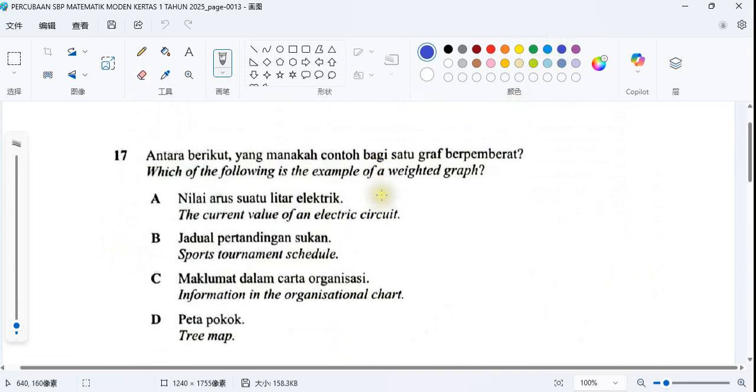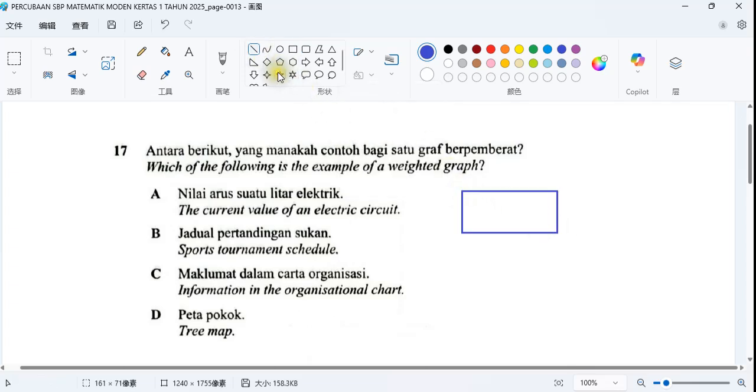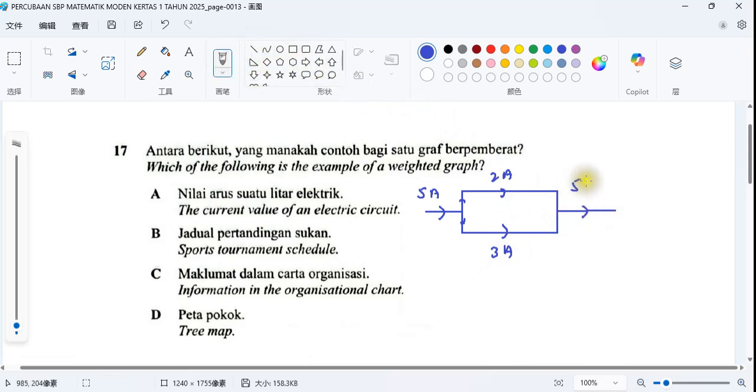Which of the following is the example of weighted graph? So current value of an electric circuit. Yes, this one. Imagine we have this electric circuit, then we have 5 ampere, and then move up, move down, then we have 2 ampere here, 3 ampere here, and then it goes out, then we have the 5 ampere.